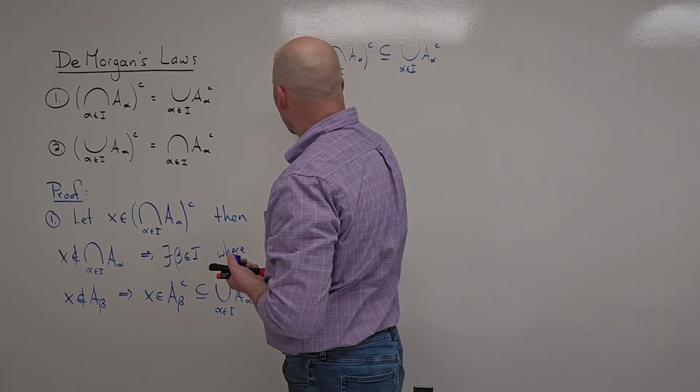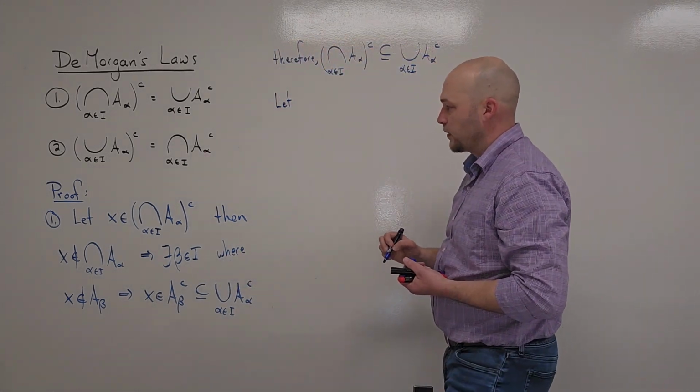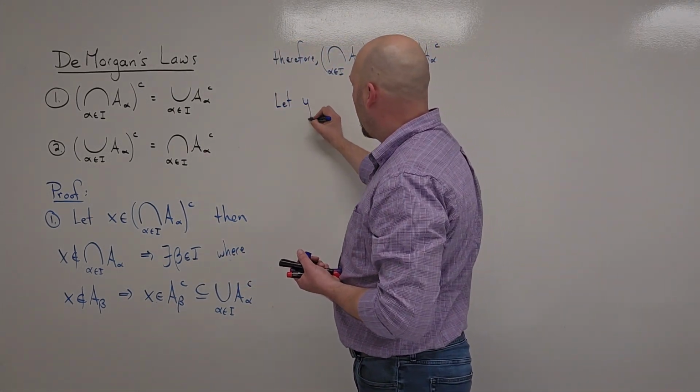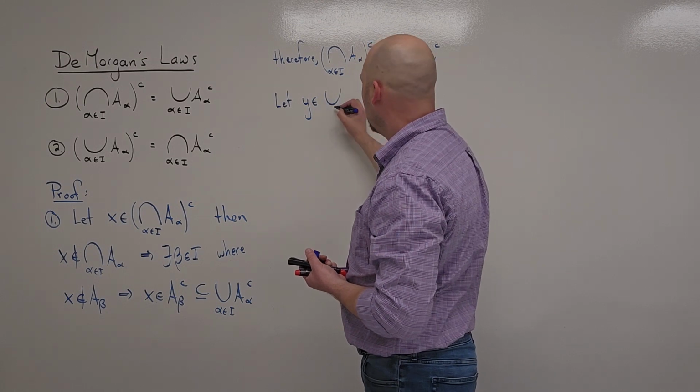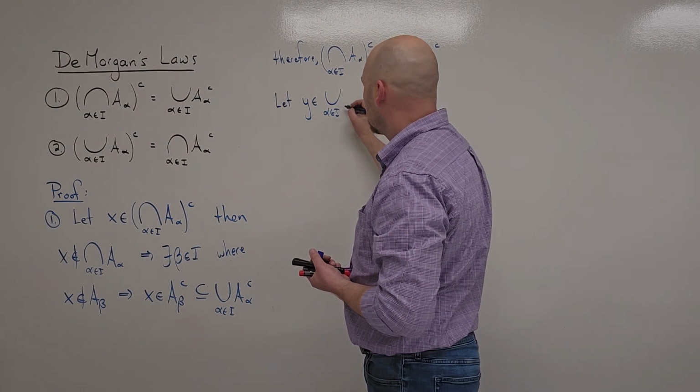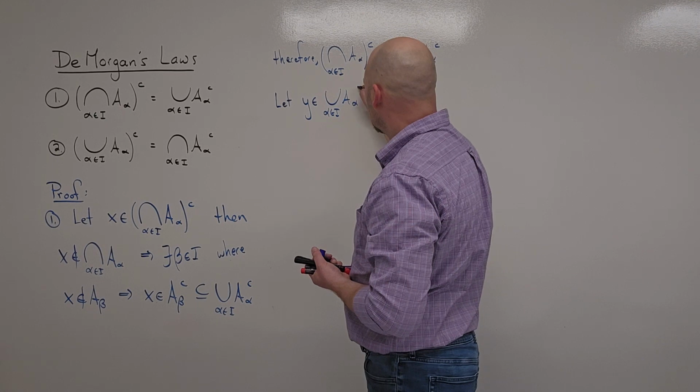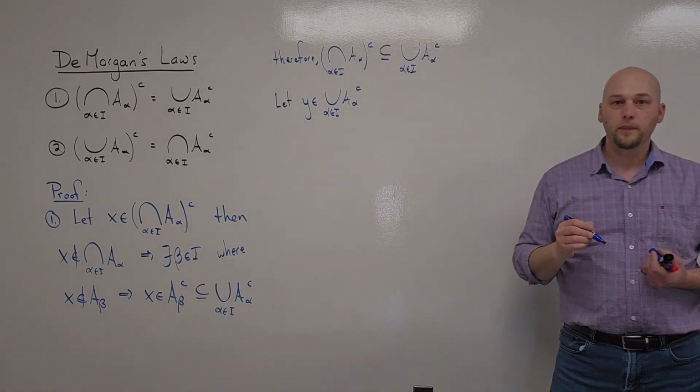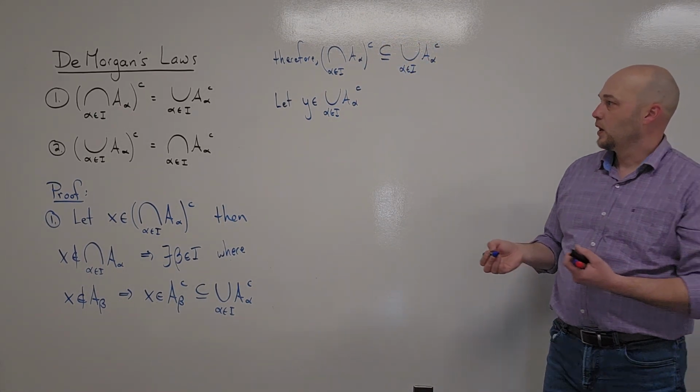Now in the other direction, let's take an arbitrary element of this set. Just to distinguish between the first half of the argument, let Y be an element of the union of A alpha complement, ranging over the entire index set.